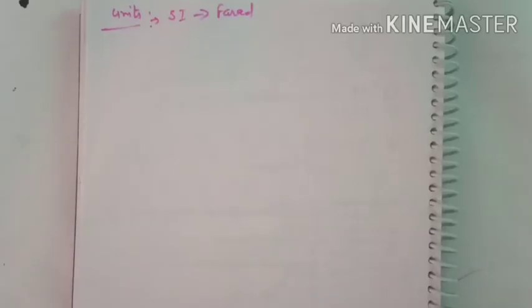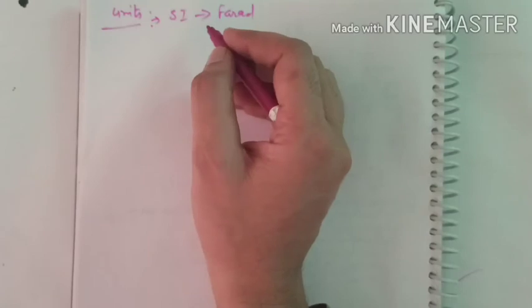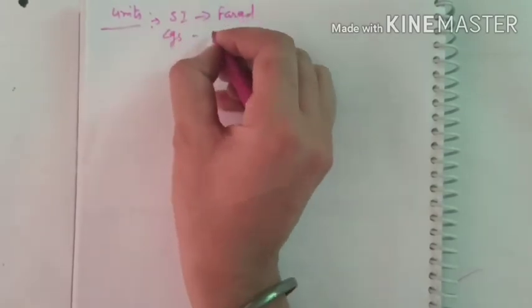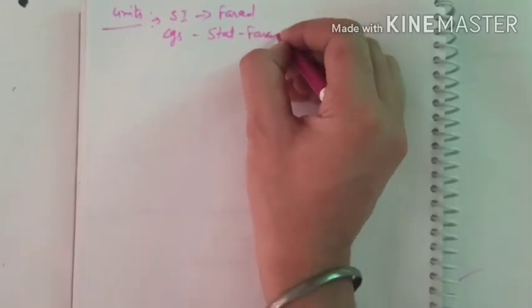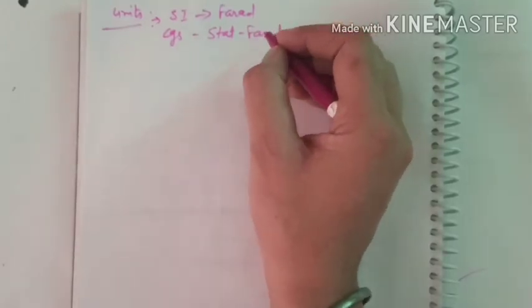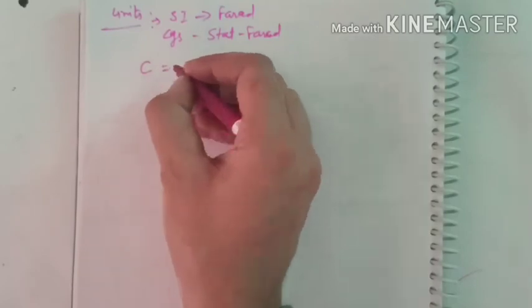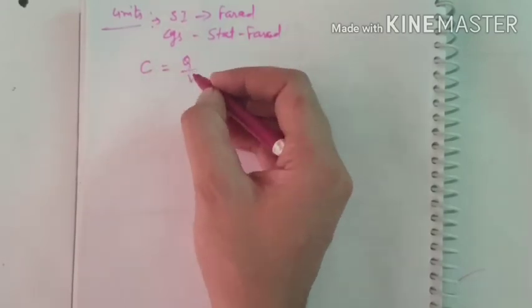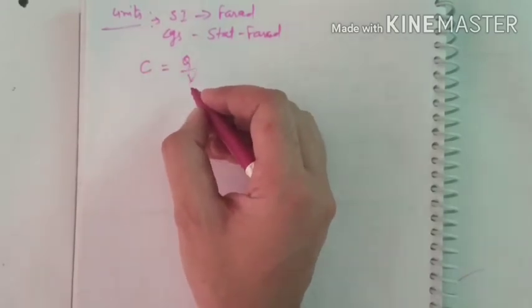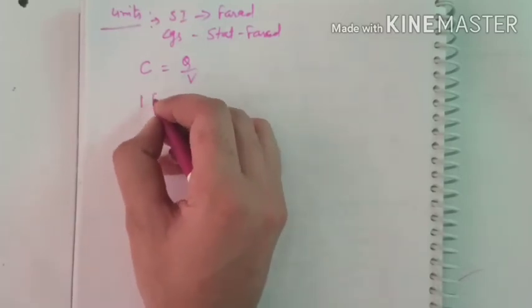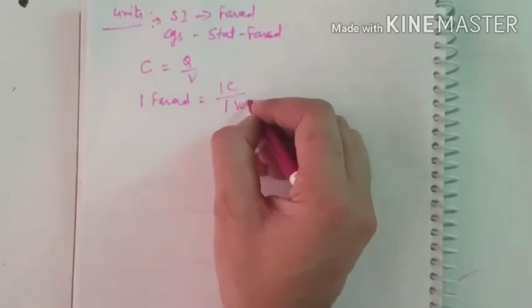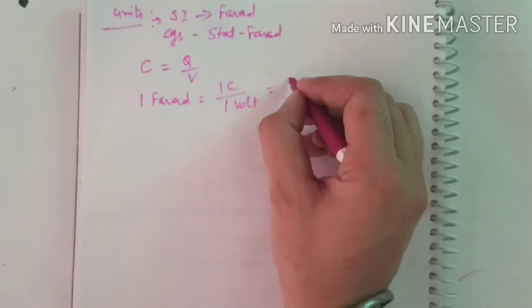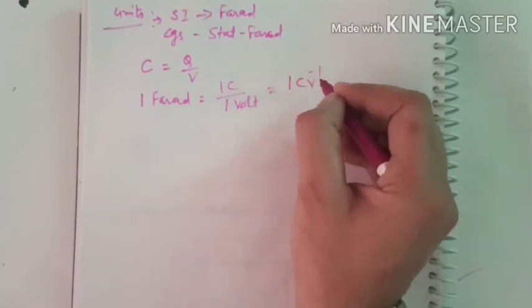Units of capacitance. The SI unit of capacitance is farad. In the CGS system it is stat farad. So C is equal to Q by V. If we want to write the definition of 1 farad, it is equal to 1 coulomb over 1 volt, so it is 1 coulomb per volt.